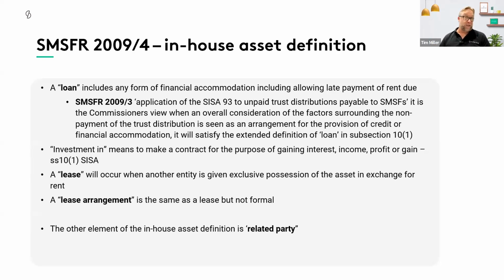Now, it's not automatic that it's going to be considered a loan, but in certain circumstances, it may be that the super fund is providing financial accommodation to the unit trust, and we need to treat that as a loan.